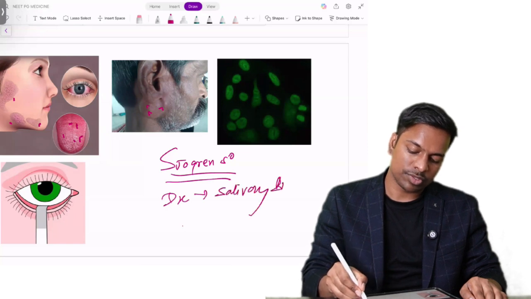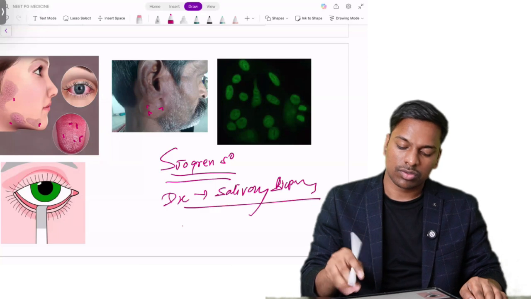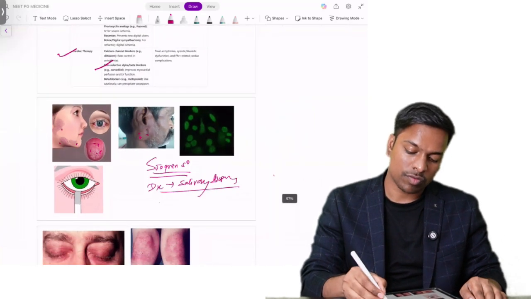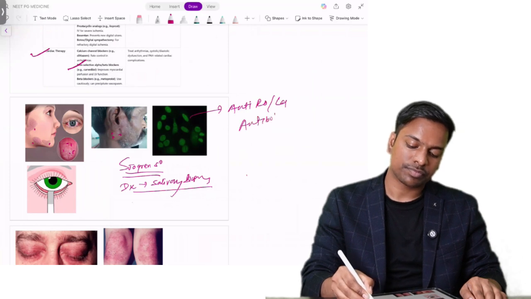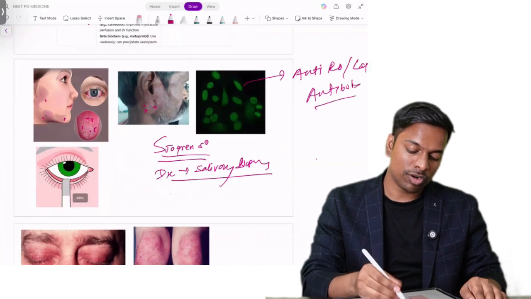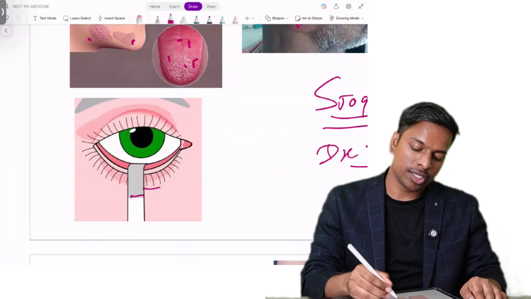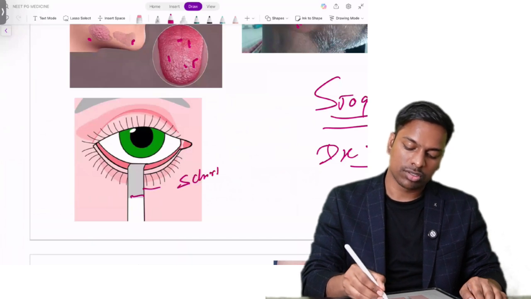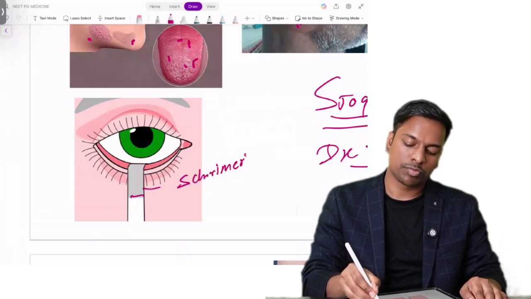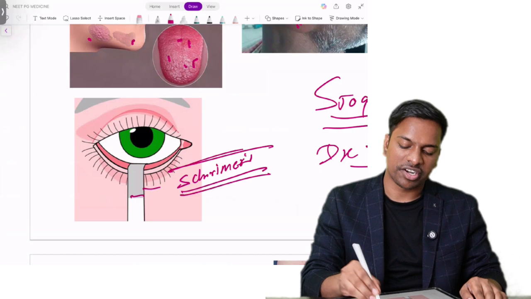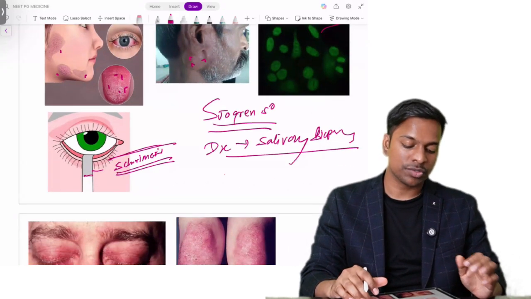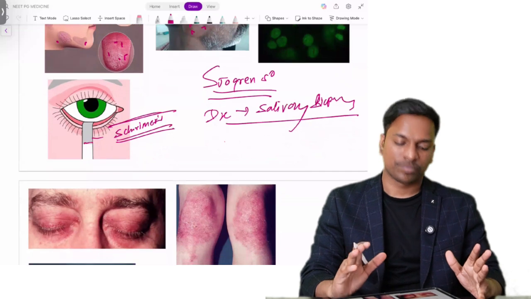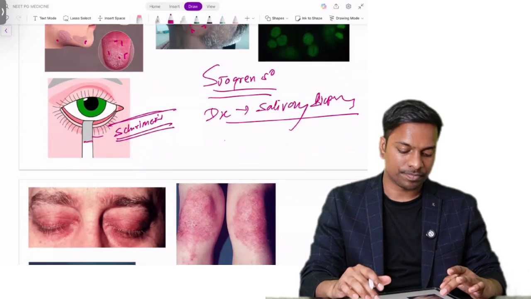And this is nothing but the appearance of the anti-Ro antibodies. These glands are involved, plus there is a test we do called Schirmer's test. So basically all the gland functions are reduced in Sjogren syndrome, right? So in Schirmer's test, if it's positive, then you know that the gland function is not proper.